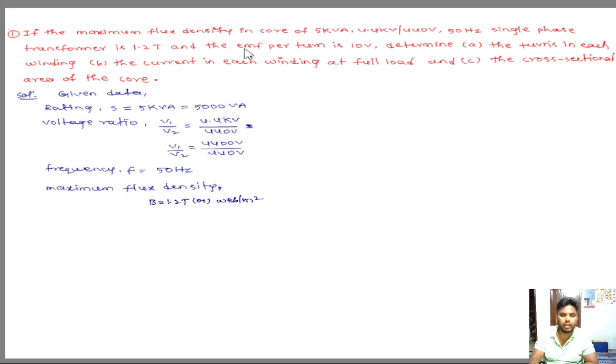And EMF per turn. This is the most important thing you need to understand from the question. EMF per turn means V1 by N1 or V2 by N2, and it is given as 10 volts.